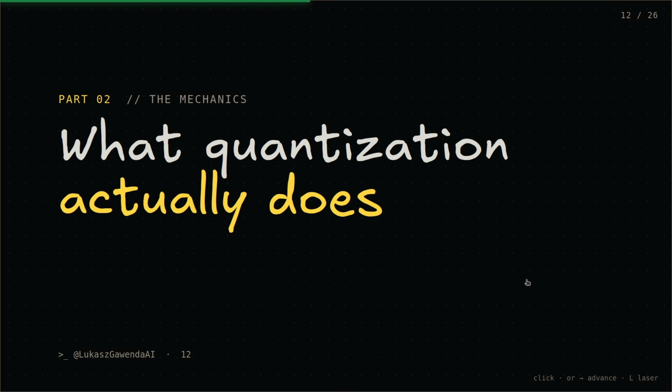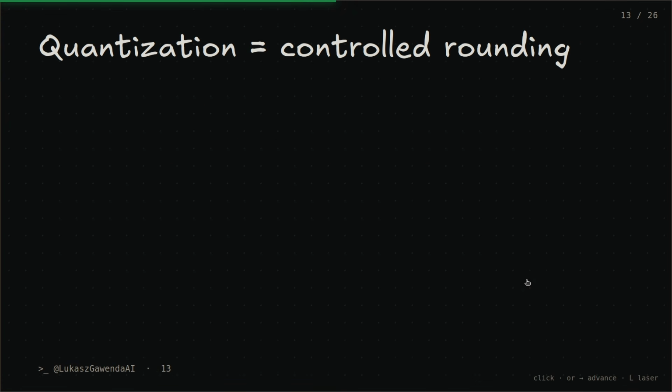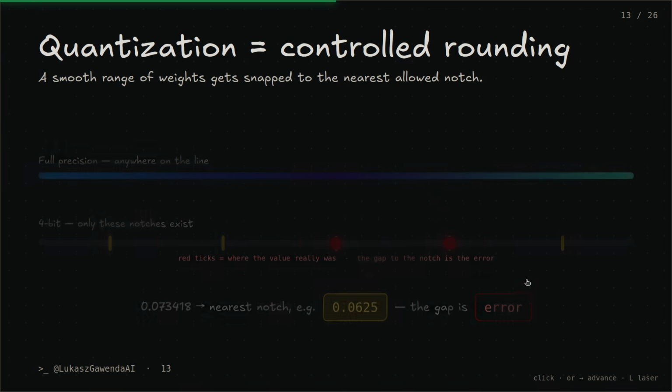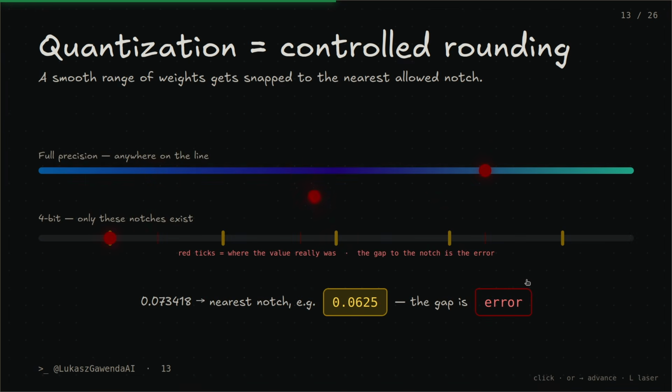Now let's jump to the next part: the mechanics. What quantization actually does. It's controlled rounding, and here is the full idea in one move. At full precision, a weight can sit anywhere on this line. We quantize it, and only these notches survive.